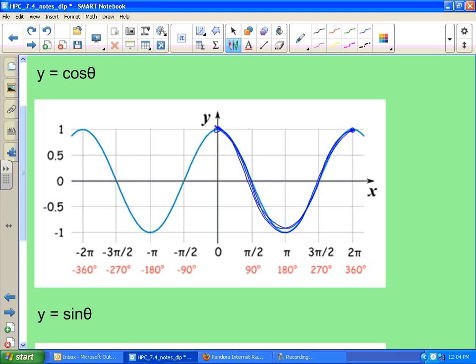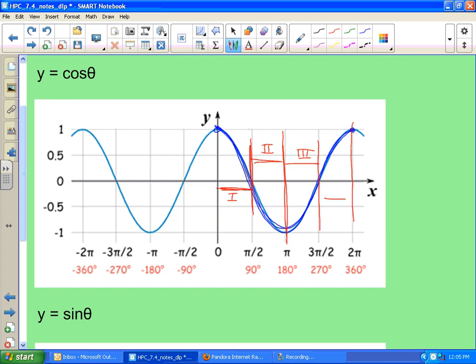Now, if we look at this curve, we can actually see the quadrants represented here for my unit circle. There is quadrant number 1. Here, that's quadrant number 1. Here is quadrant number 2. And so on. Quadrant number 3.